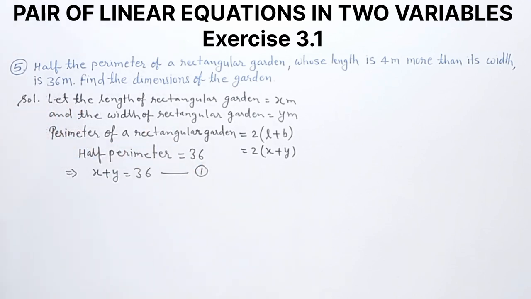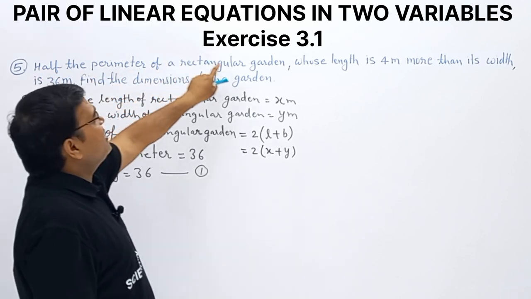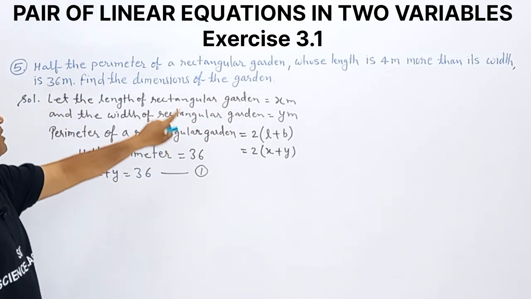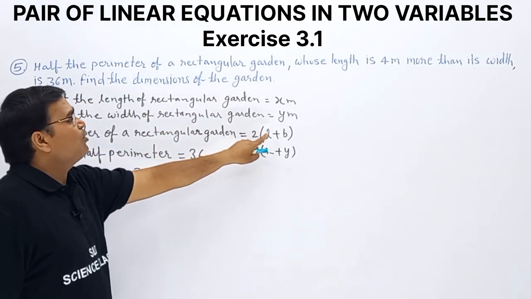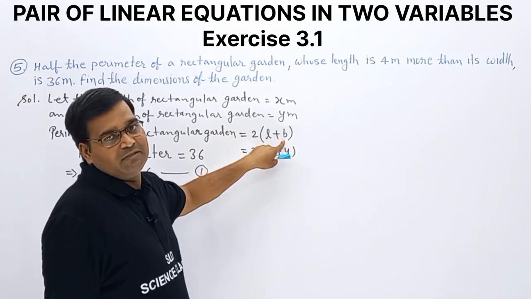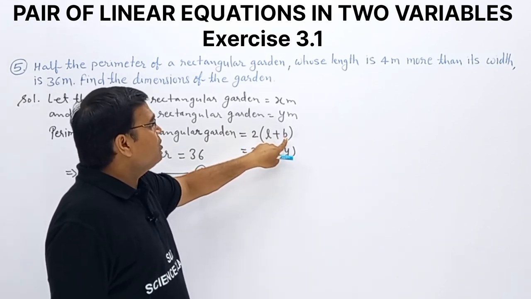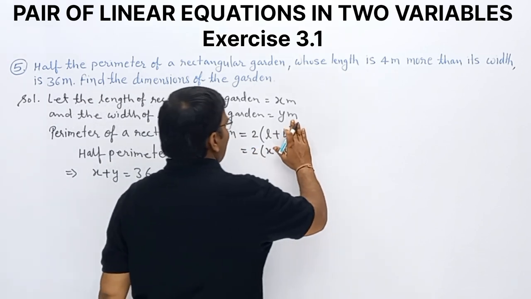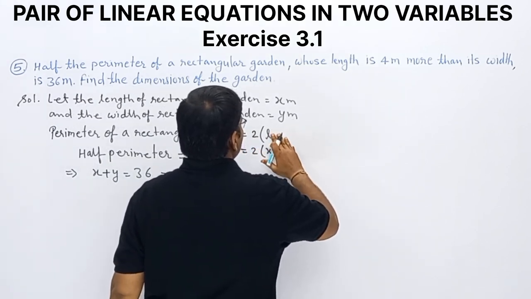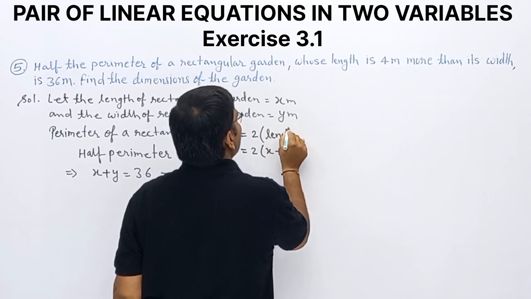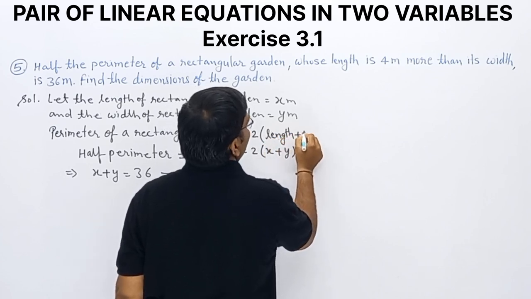Observe, we obtained one linear equation in two variables. How are we getting this? Half the perimeter of the rectangular garden is 36 meters. Perimeter of the rectangular garden is 2 times length plus width.